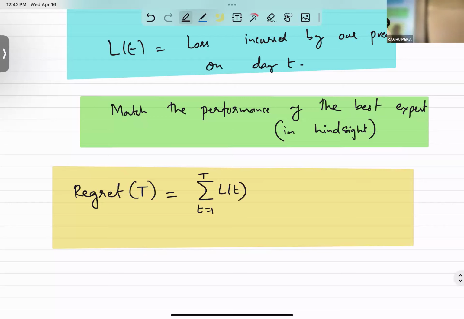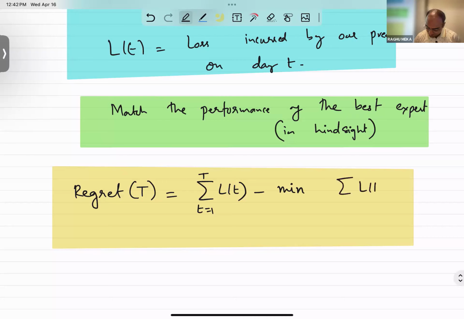I incurred some total loss, right? And I want the gap between that and the loss of the best expert to be as small as possible. Right? I want to match the performance of the best expert as closely as possible.